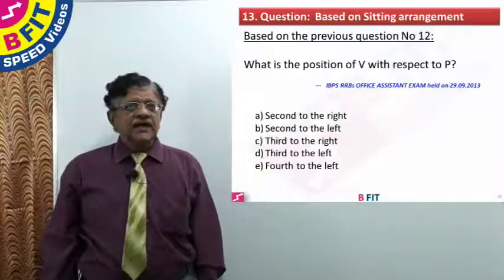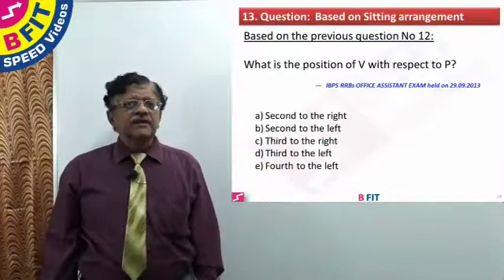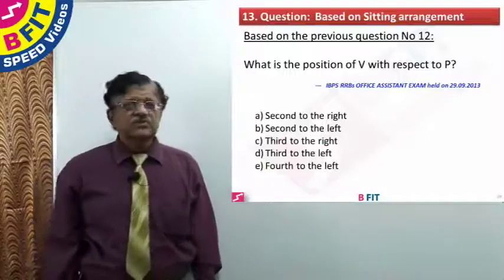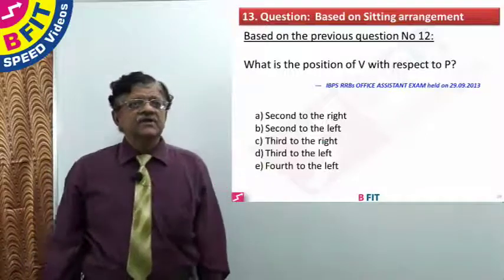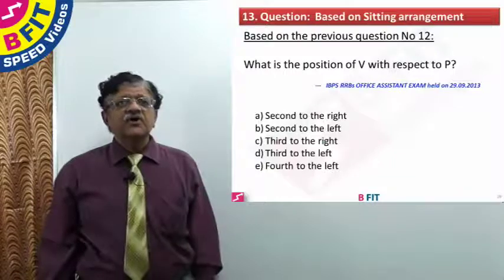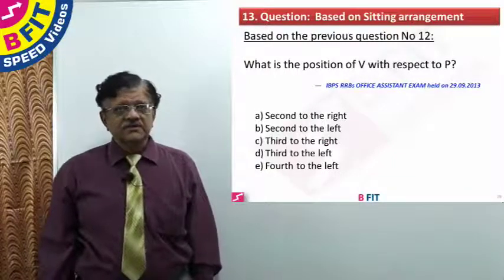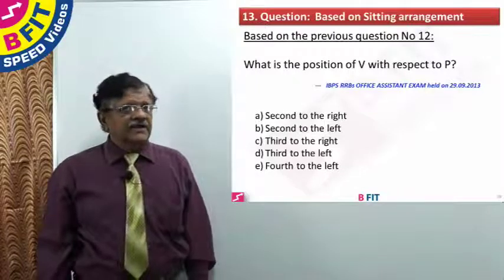Now let us go to the next question, question number 13, which is also based on the previous question number 12. What is the position of V with respect to P? Let us see the working.